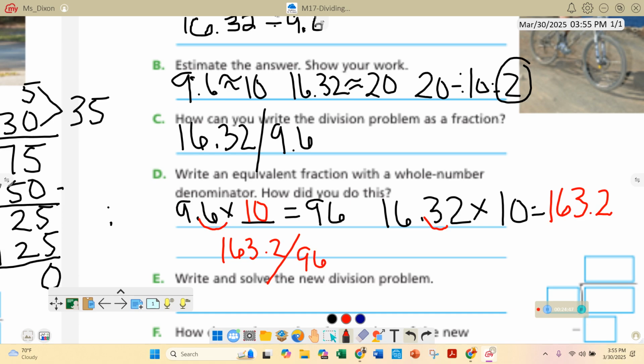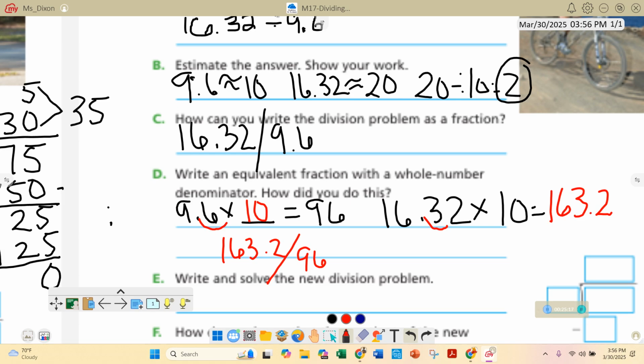96. Notice that your divisor, the number on the outside of the house, is a whole number, but your numerator, your dividend, the number inside of the house, still has a decimal in it. When you are dividing with decimals, the only number that you want to make a whole number is going to be the divisor.